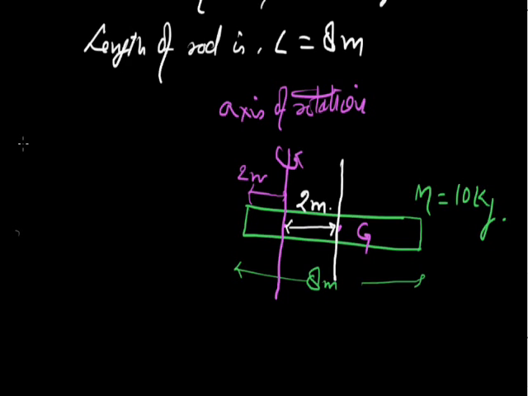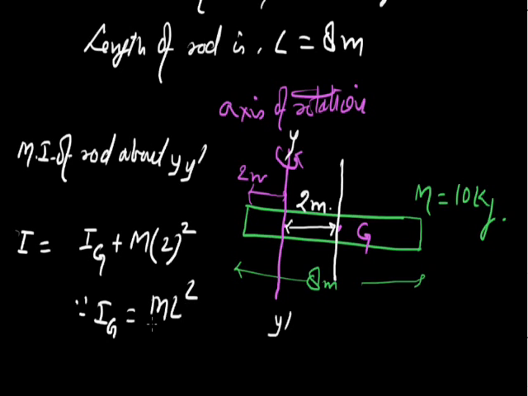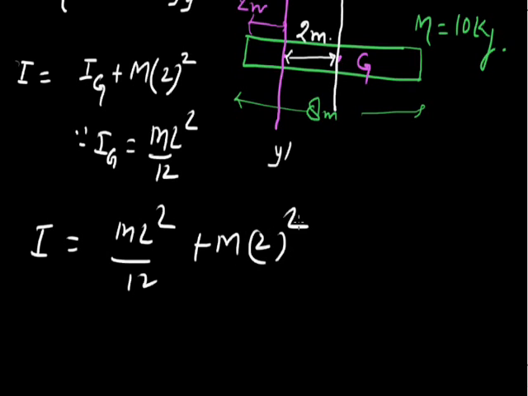Moment of inertia I of the rod will be Ig plus m into the square of the distance between the axes, 2 square. Here Ig is m L square upon 12. So I will be m L square upon 12 plus m into 2 square.